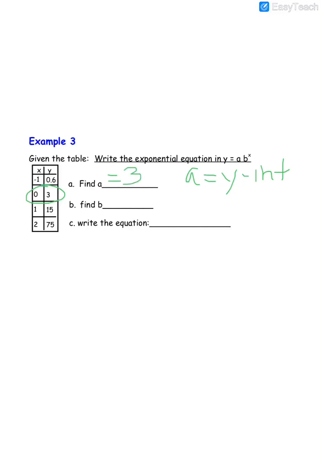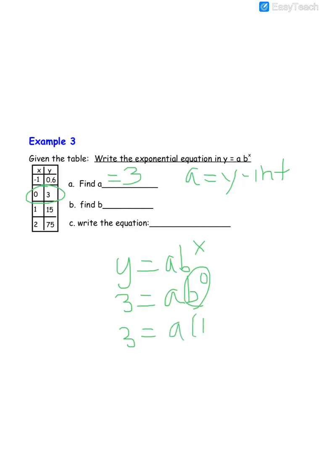So let's find, and even if we didn't know that, let's say we didn't know that. Okay, y equals ab to the x power, and I plug in 3 equals ab to the 0 power. Well, this is always equal to 1. So then we get 3 equals a times 1, or 3 equals a.